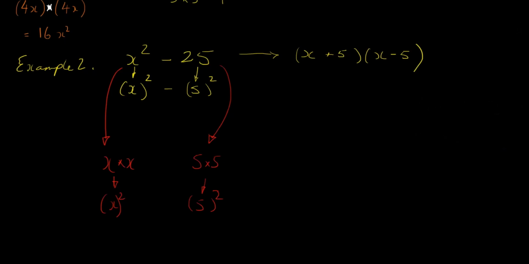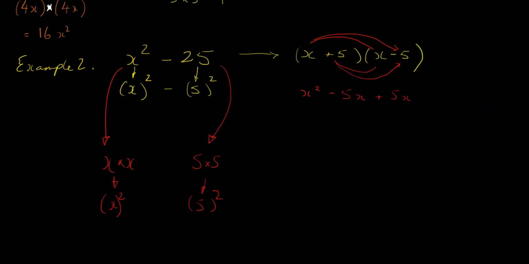So when I open up this bracket, I do that, it's equal to what? It's equal to x squared minus 5x, second one, plus 5x. 5 times minus 5 is equal to minus 25.